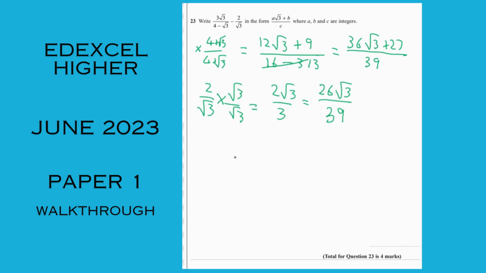Treble the bottom. We can now proceed to subtract. So we've got everything over 39, 36 root 3 take away 26 root 3. We're left with 10 of them, and there's nothing to simplify with the 27.